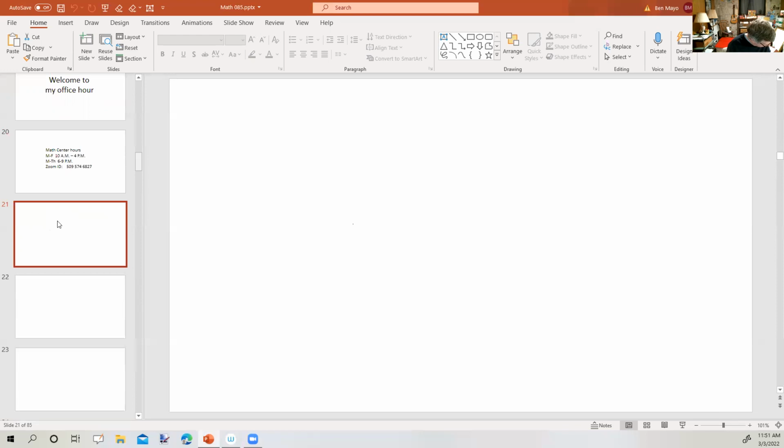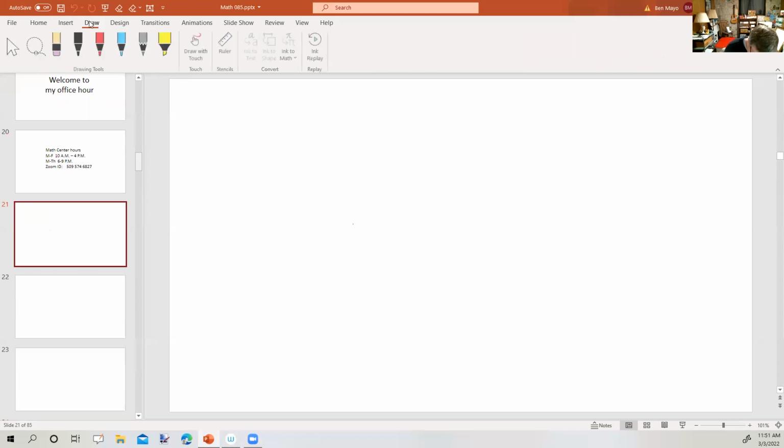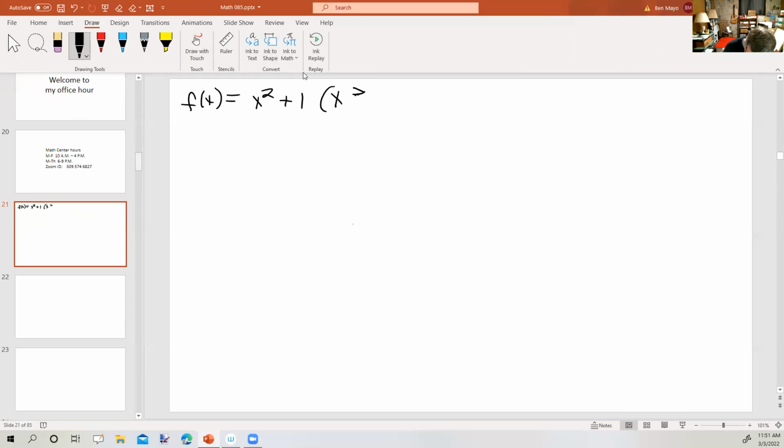Show the line of symmetry on the graph. Okay, and I'll go through all that again. So let's say we've got f of x equals x squared plus 1, and then it says x is greater than or equal to 0. Okay.